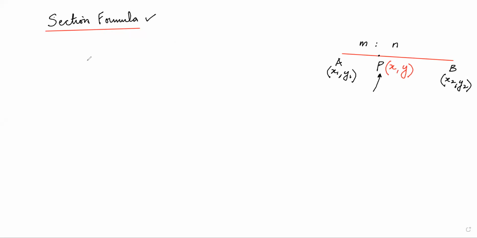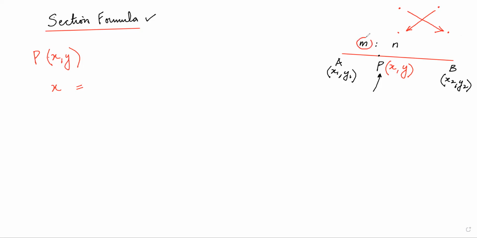And according to section formula, the coordinates of point P are x, y. Here, x is equal to, means the abscissa of point P is equal to, now remember this crisscross. It will help you. This point to be multiplied by this point.